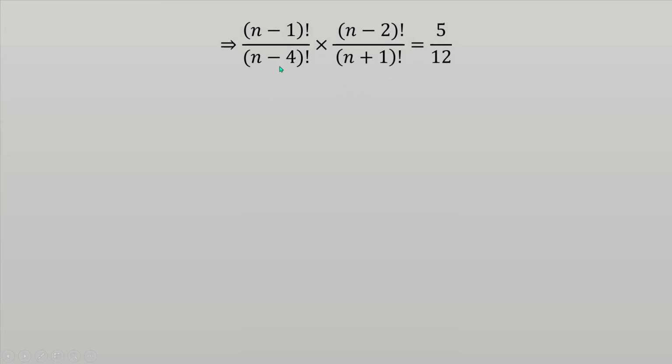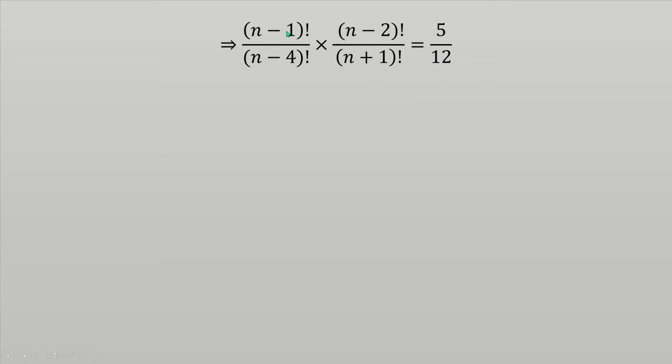n minus 1 factorial divided by n minus 4 factorial into n minus 2. As this was denominator, here will be numerator, and this was numerator, here will be denominator, and the right side same.